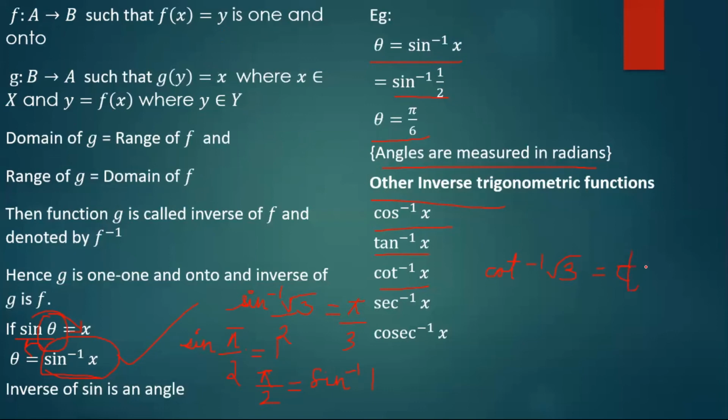We know that the reciprocal of tan is cot, and vice versa, the reciprocal of cot is tan. So I'll write tan inverse 1 by root 3. At which angle is tan 1 by root 3?